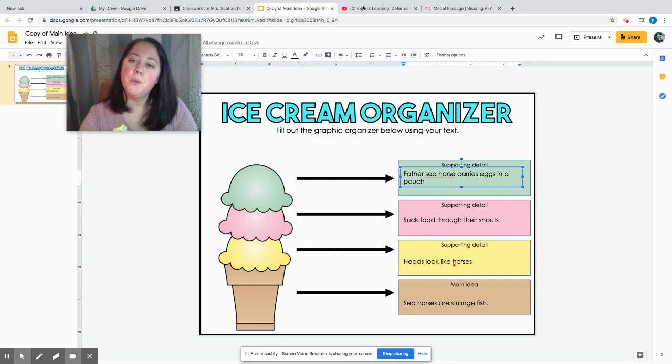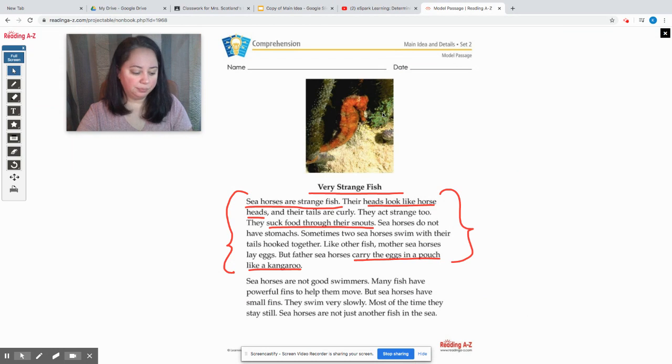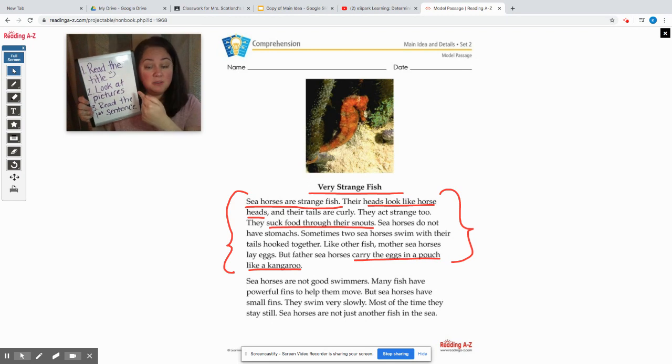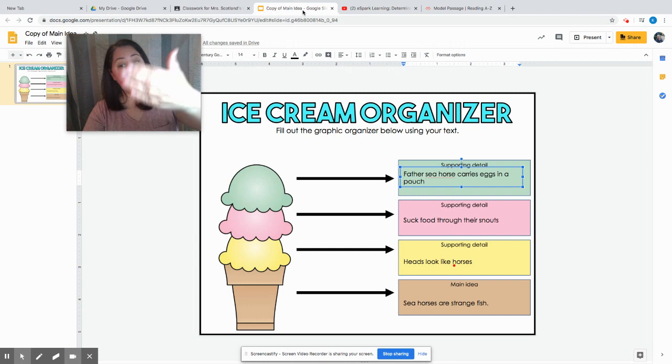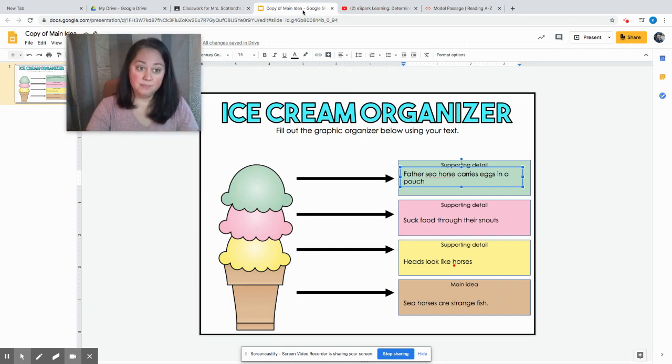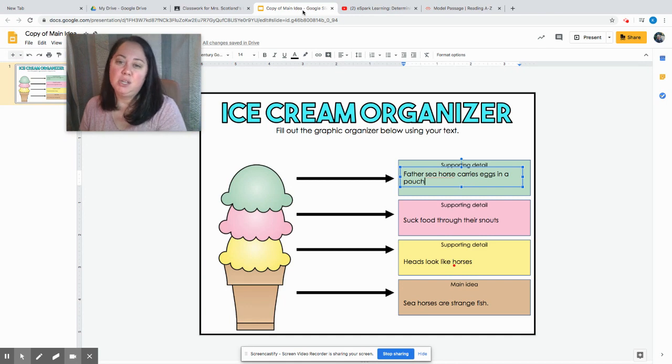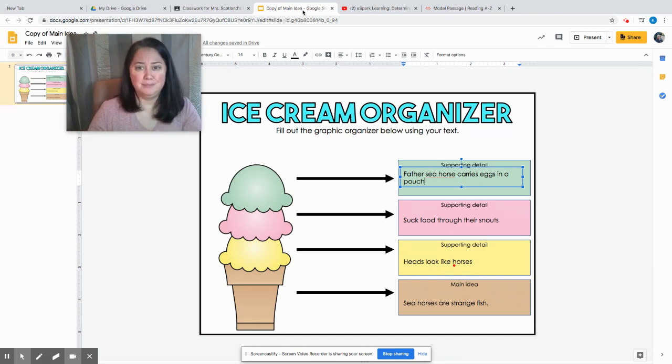Let's go back to the article, and you can see we used the tips from the video to help us determine the main idea. We read through the first paragraph and underlined some very important information. And then finally, we took that information and put it in our graphic organizer. So now we can easily write about or talk about what makes seahorses so strange and why they are so interesting. I love them.